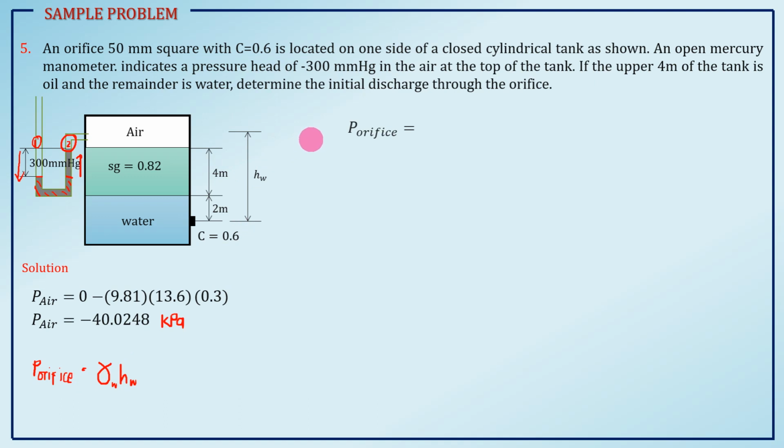Orifice is equal to the air na negative 40.0248. Then, plus, since pababa yung motion natin, so plus lang yan lahat, plus the unit weight ng oil times the height of oil, or 9.81 times 0.82 times 4. Plus, unit weight of water times this distance papunta sa orifice na 2 meters.